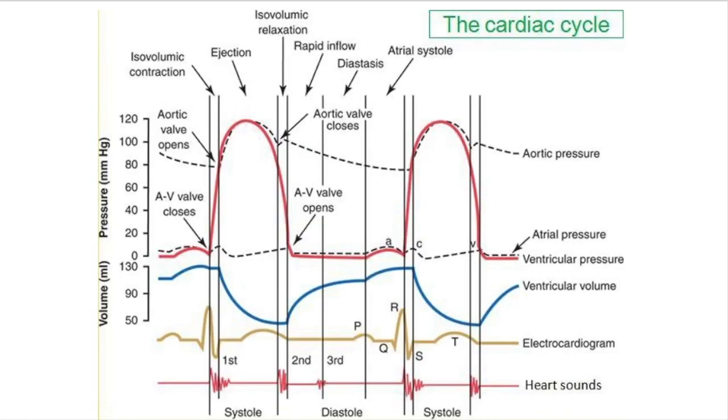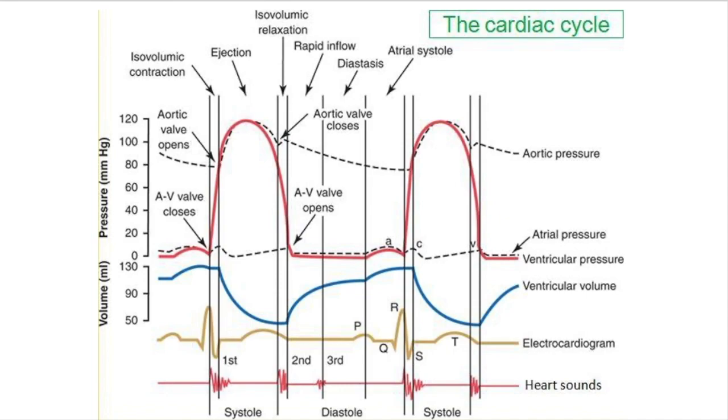Now this figure shows the events of the cardiac cycle. You see the ventricles fill with blood during diastole and contract during systole. Here there are curves which are showing the aortic pressure, then the left ventricular pressure and left atrial pressure.